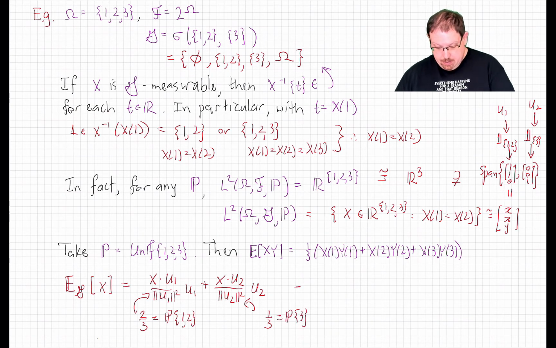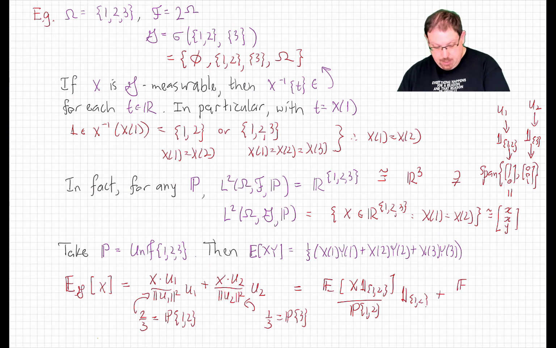And so indeed, this orthogonal projection can be written as the dot product of x with u1, which, thinking of u1 as the function that it actually is, means the expected value of the product of x with the indicator of {1, 2}, divided by the probability of the set {1, 2}, times the indicator of the set {1, 2}, plus the dot product here, which is the expected value of x times the indicator of the singleton {3}, divided by the probability of the singleton {3} times the indicator of the singleton {3}.